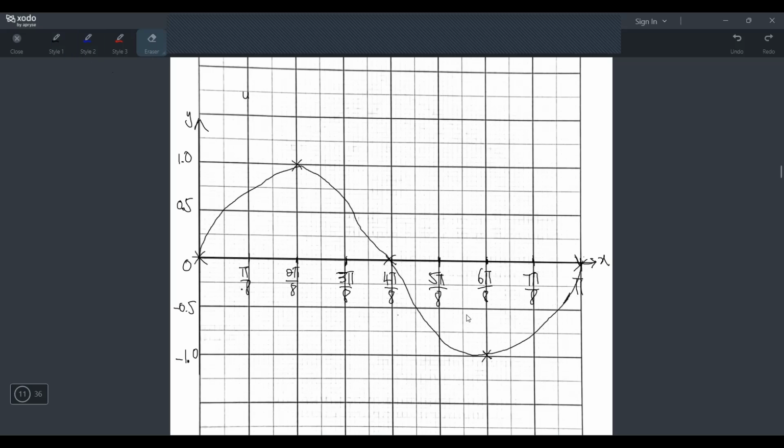This one let me make it prettier. Okay, so then here will be like this.